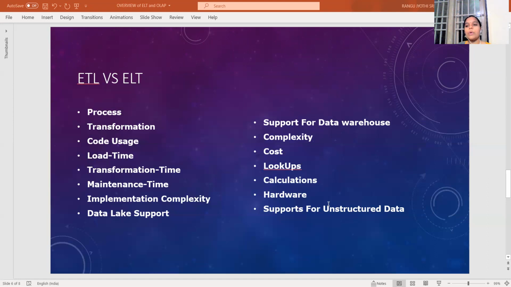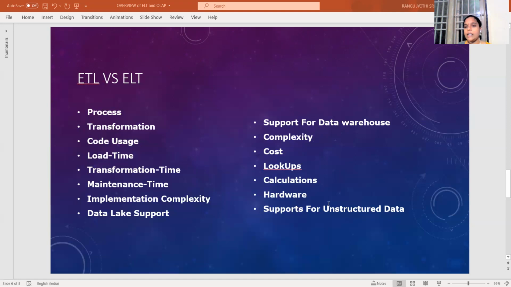Comparing the cost of both ELT and ETL, the cost of ELT includes low entry cost using online software as a service platforms, whereas for the ETL process, the cost is high for small and medium businesses. Lookups.